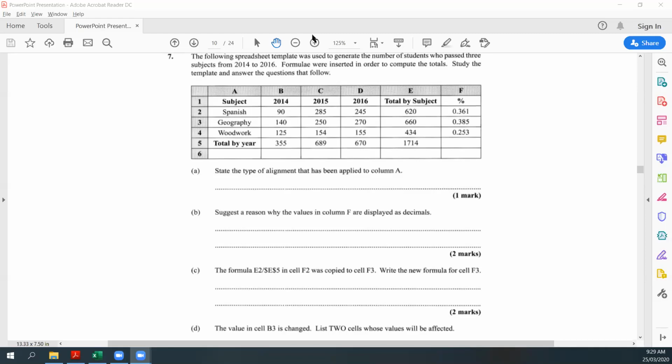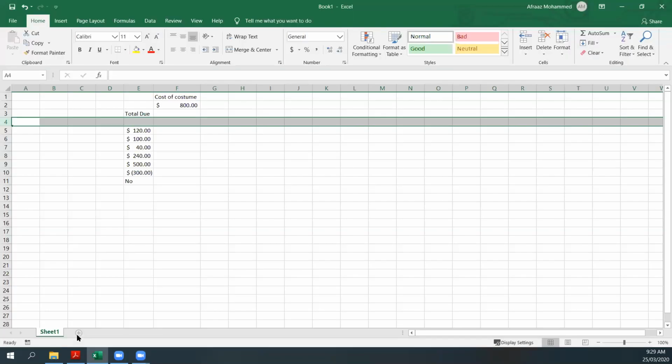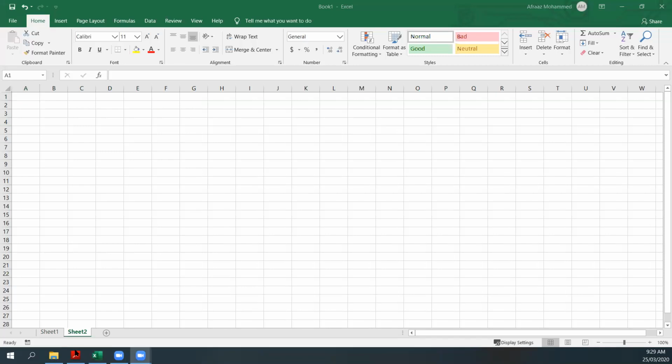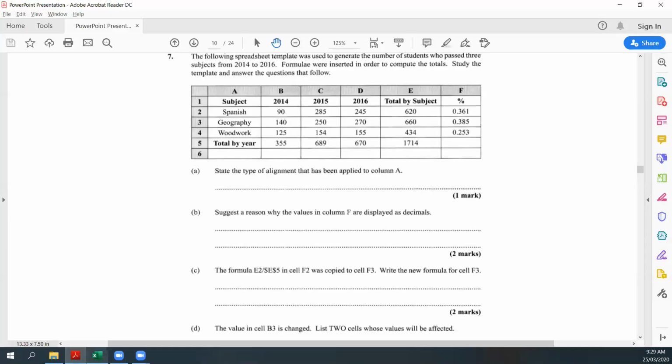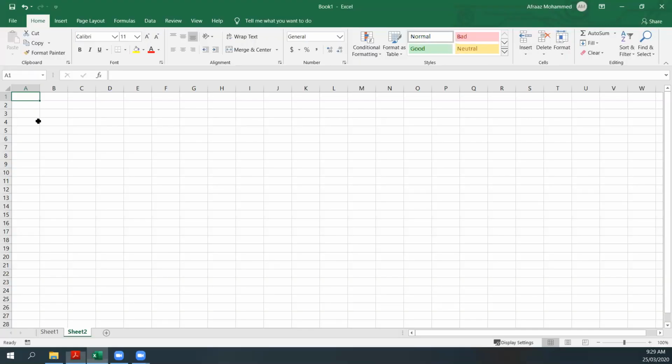Right, yes, center alignment. Okay, and just to show you all, that's what I tried. Right, okay.